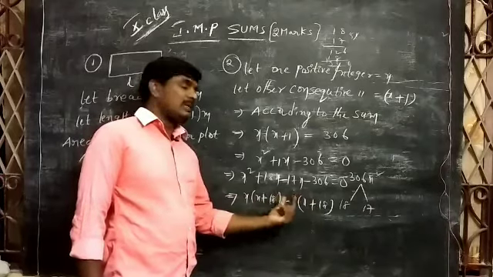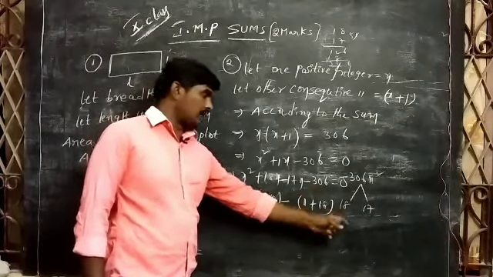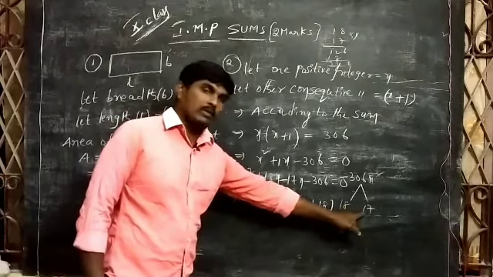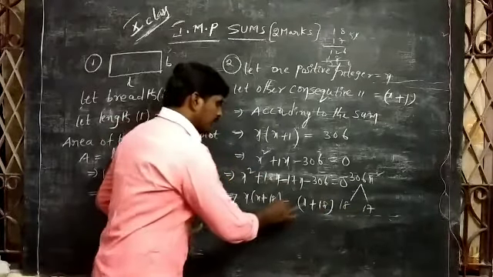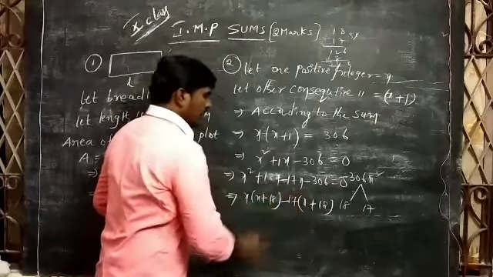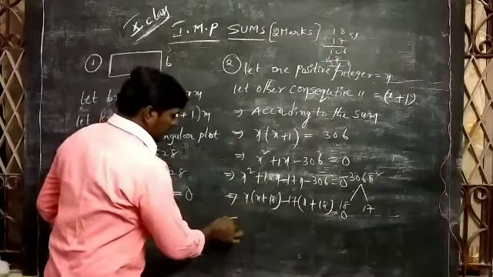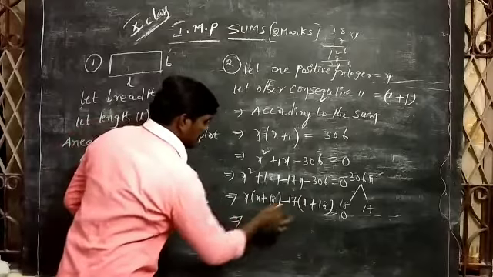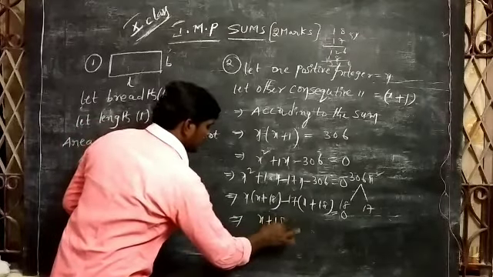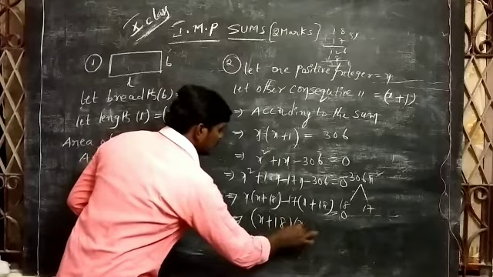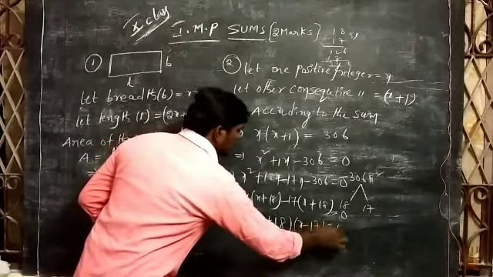By which number do we multiply 18 to get 306? 18 into 17 is 306. So 17 we can write here, equal to 0. Now what is the common again? x plus 18 is common, into x minus 17 equal to 0.